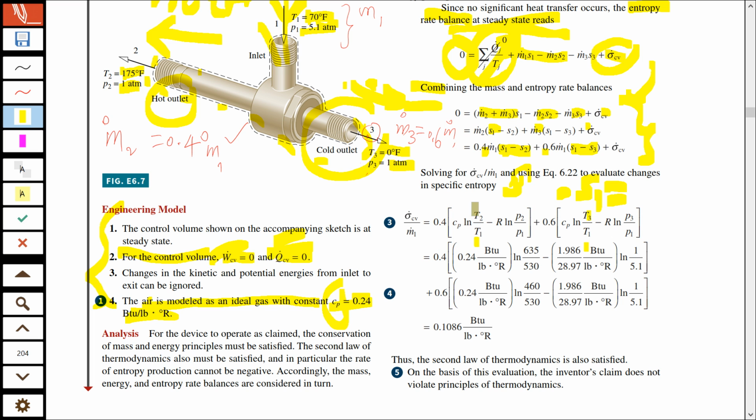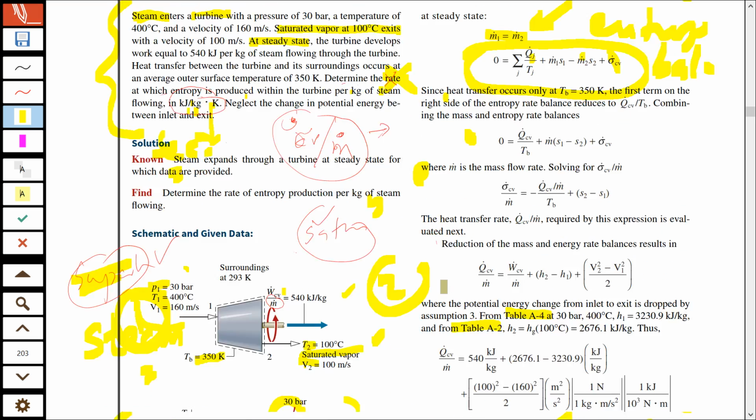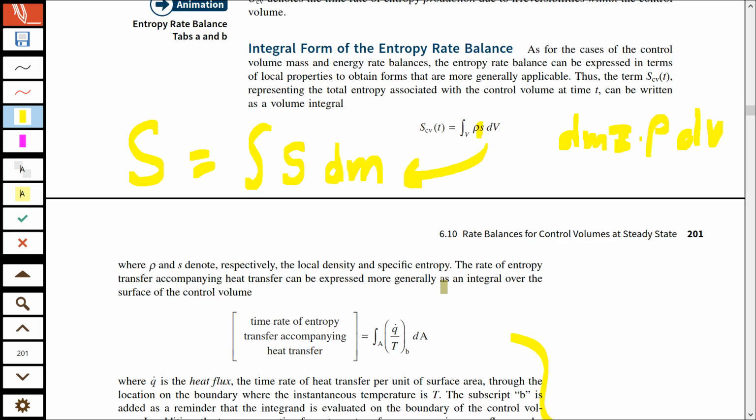So this part corresponds to S1 minus S2, this part corresponds to S1 minus S3, and we don't want to spend too much time on this working, because this is just an application of how to calculate the change of entropy. If you forget, let me just go back and show you why this is not a big deal.